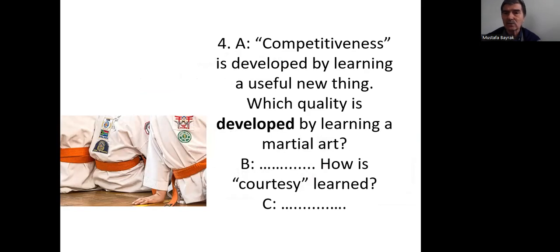Which quality is developed by learning a martial art? Discipline, I think. Discipline is developed by learning a martial art. How is courtesy learned? Courtesy is learned by communicating with people.